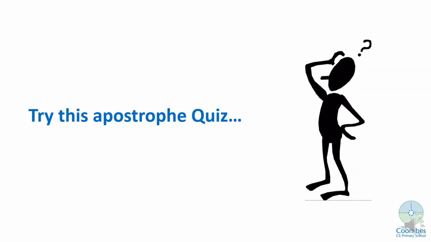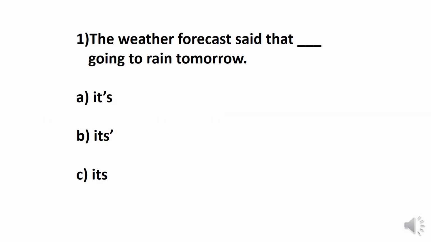So let's try an apostrophe quiz to see if you can remember what we've just said. Question 1. The weather forecast said that it's going to rain tomorrow. Is the correct use of an apostrophe A, B or C? What do you think?